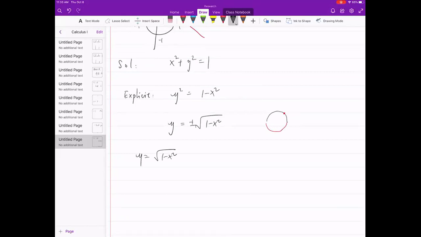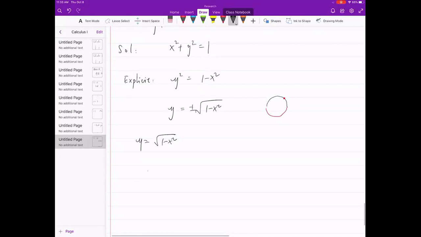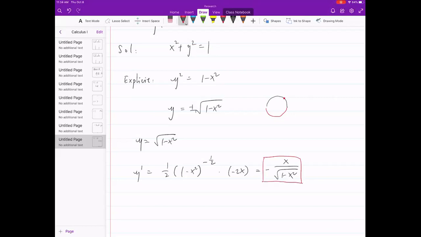Starting from there, chain rule, product rule, quotient rule, whatever. y prime gives you this. Sounds good?